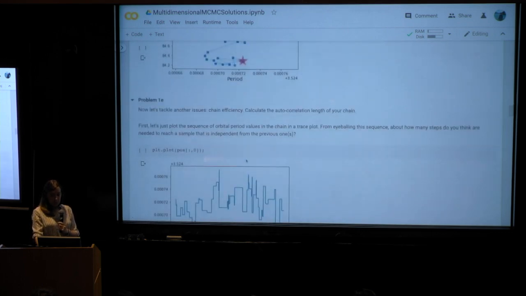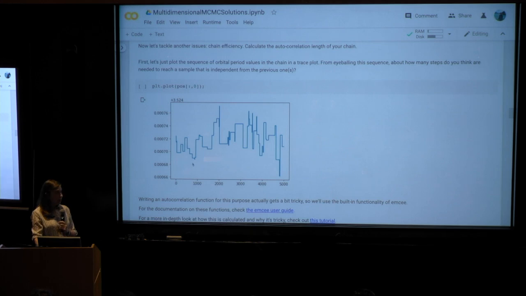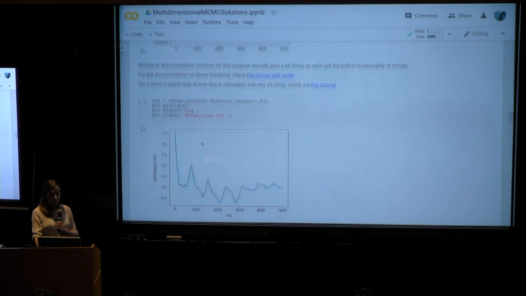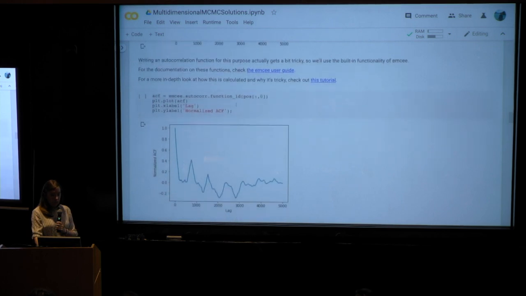So next, we can see that in another way by looking at the trace of any of the parameters, which is showing that they sit on a certain value for a while. We can calculate the autocorrelation function, and this should show something kind of funky that has a lot of power at long lag times.